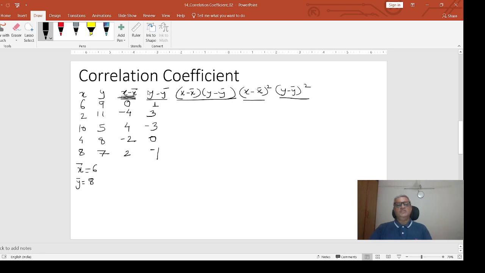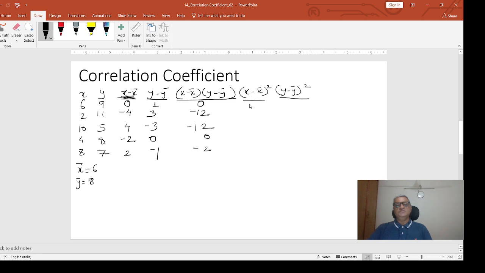So I need to now multiply these two columns to get this column, right? So 0 into 1 is 0, minus 12, minus 12, 2 into 0 is 0, and 2 into minus 1 is minus 2.